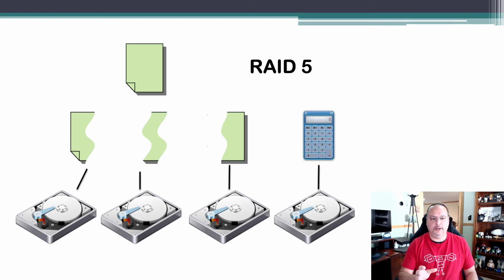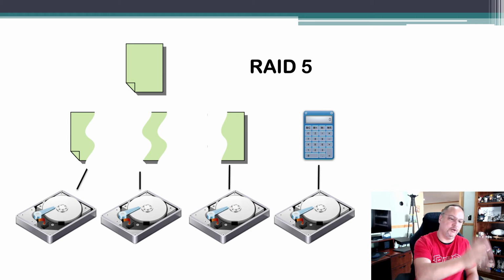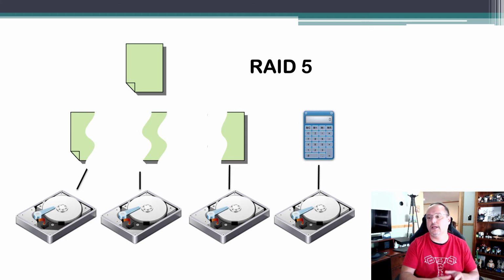Think of it this way, and this is just an easy way. If you look at the 3 hunks of the file on the screen, if hunk number 1 had a value of 1, the middle piece of data had a value of 2, and the third piece of data had a value of 3, you add those all up, and the parity calculation would be 6. So 1 plus 2 plus 3 equals 6.